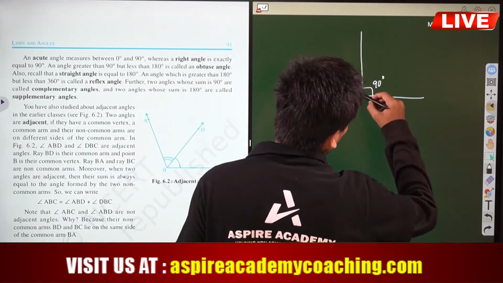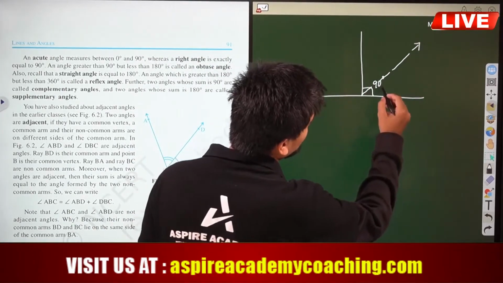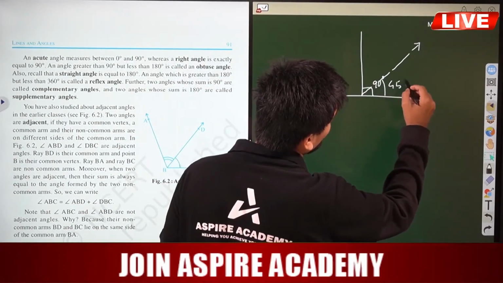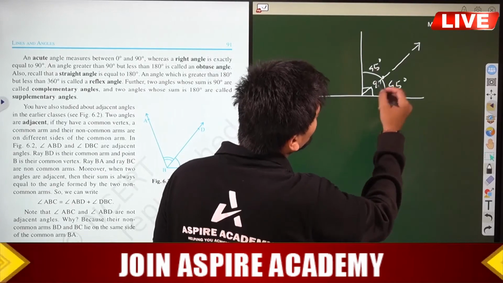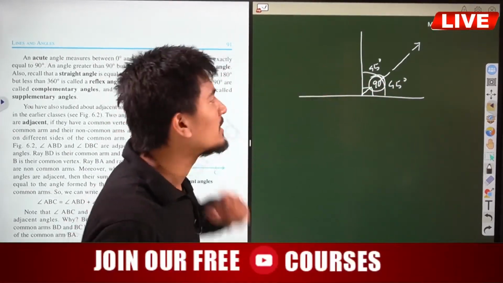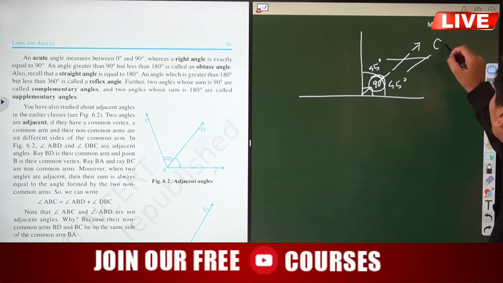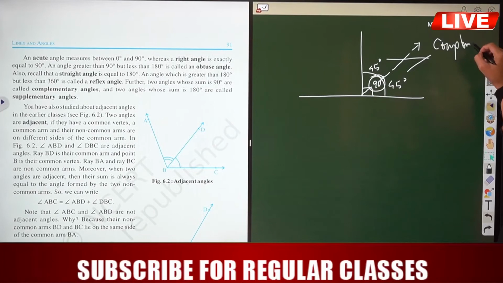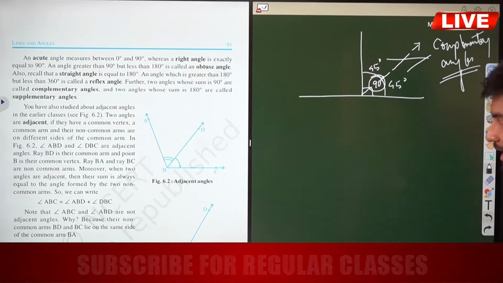And if I draw a ray here, so this angle is say 45 degrees and this angle is say 45 degrees. What is the total? It is 90 degrees, right? 45 plus 45. So both these angles are known as complementary angles.